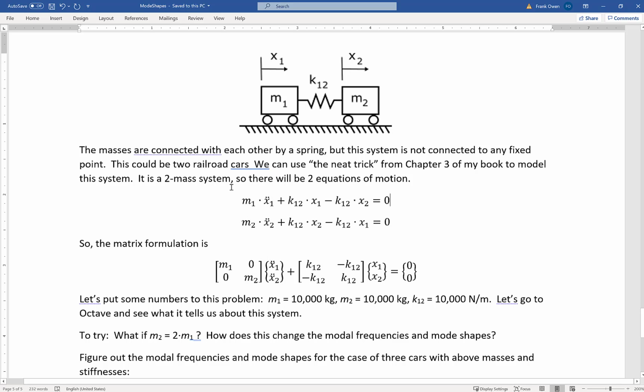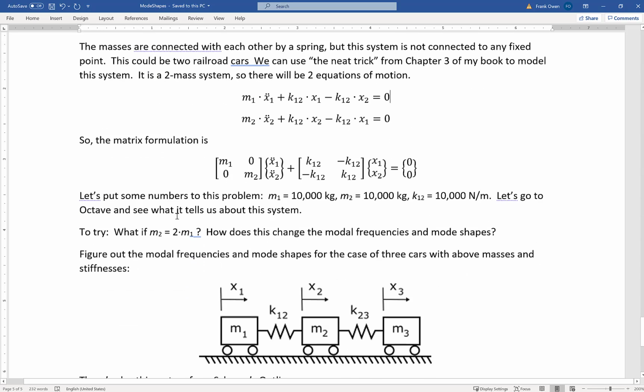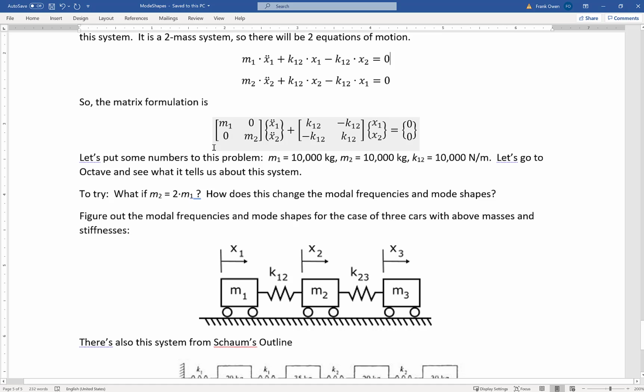Basically, since I have 2 masses, I'm going to have 2 equations. It's not forced, so this is a free system. If you look at my equations here, they're 0 on the right-hand side. If I use that methodology, I come up with these 2 equations. Once I have the 2 equations, I can put them into the matrix formulation, which is what I do here.